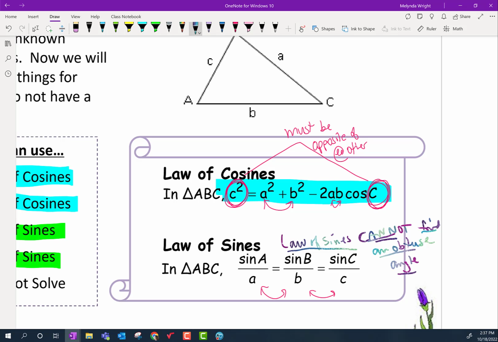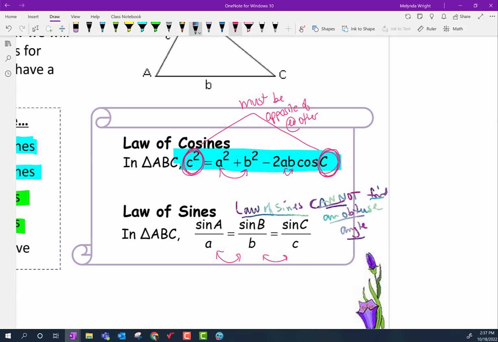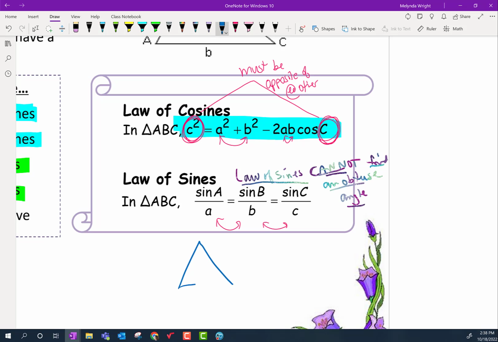Okay, so far? While we're on this topic, let's talk about law of sines real quick. Let's say this side measure is, I don't know, 10, and then I have a 5 and maybe a 2.